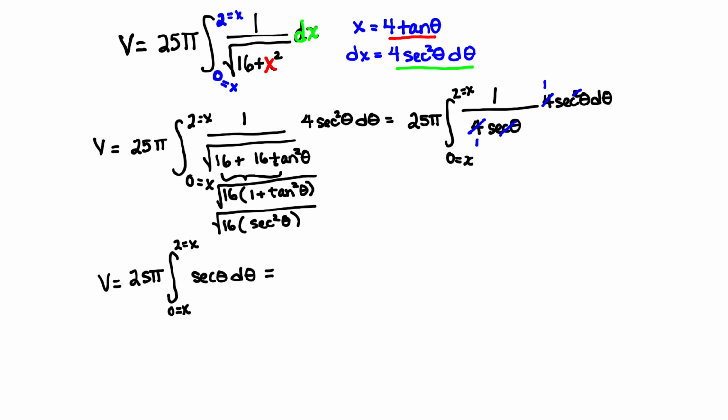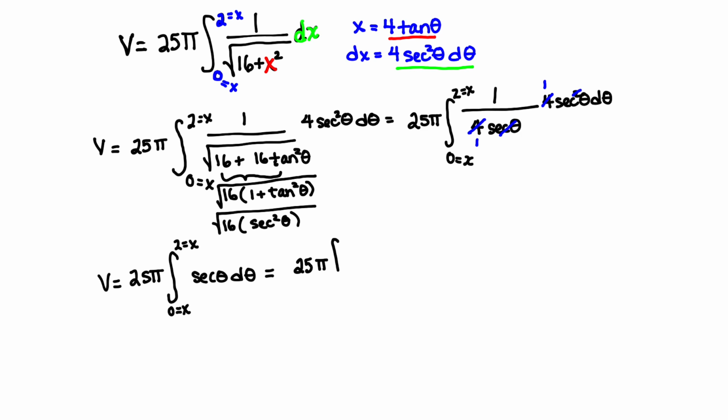Now this is an integral that comes from Calc 1. It's either something you memorize, or something you look up, or something that you generate by multiplying numerator and denominator by secant theta plus tangent theta.